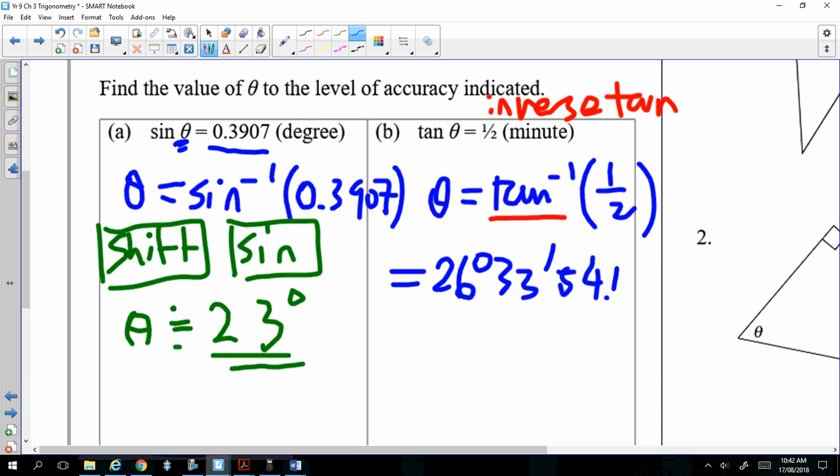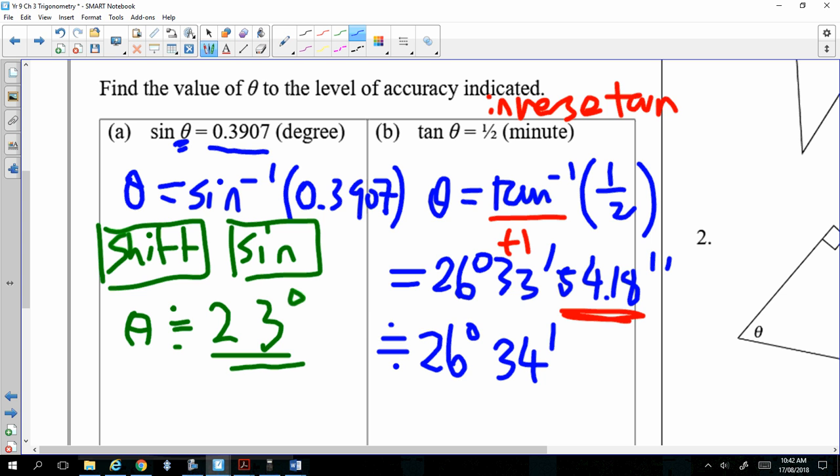Now, this is more than 30 seconds. If it's more than 30, you have to add 1 to the minutes. So you end up getting 26 degrees, 34 minutes. If it's 30 seconds or more, you add 1 to the minute, so the 33 minutes become 34.